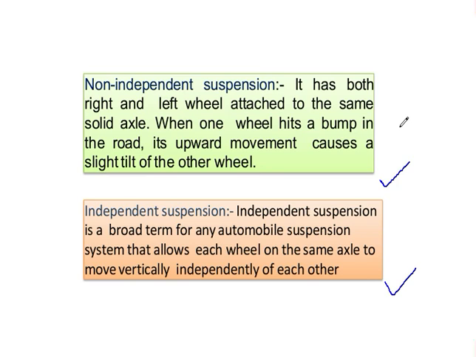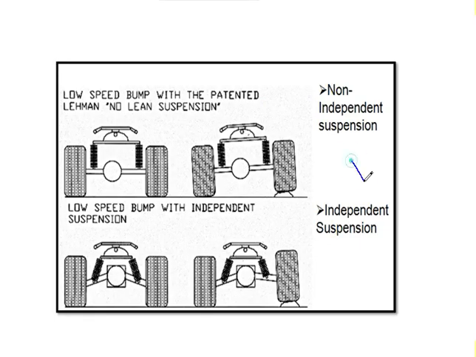Independent suspension is a broad term for any automobile suspension system that allows each wheel on the same axle to move vertically independently of each other. These are the schematic diagrams of the non-independent suspension system and independent suspension system. This one is a low speed bump with the non-independent suspension. This one is a low speed bump with the independent suspension system.